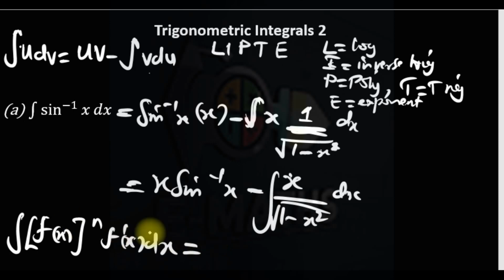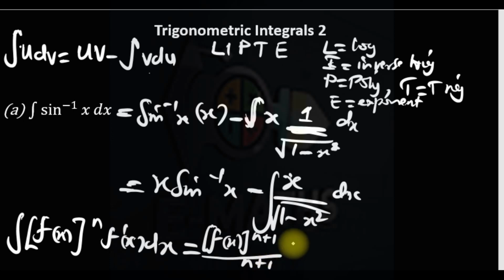The answer is just f(x) to the power n plus 1 over n plus 1 plus k. So if you notice that the derivative of one of the functions is the other function, that's what I will use here.